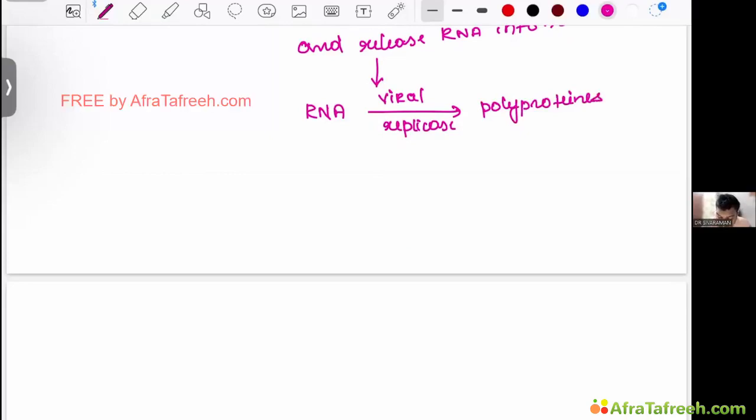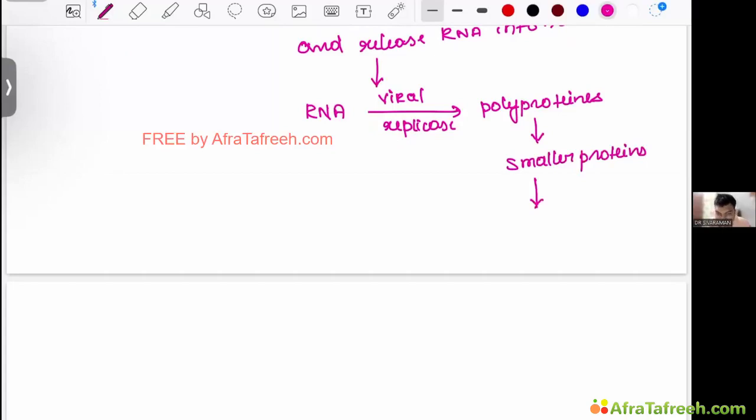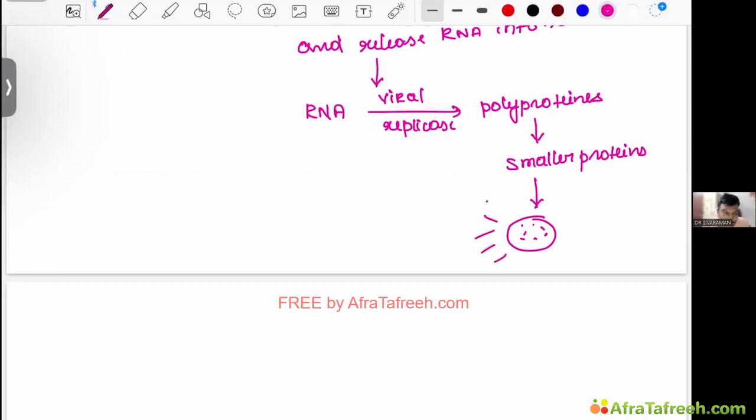These polyproteins are cleaved into smaller proteins, and from here the virus gets assembled into a new virus. Like that we have a lot of virus getting released.